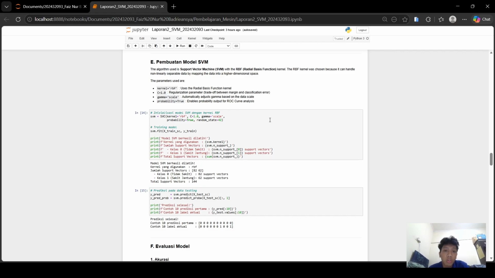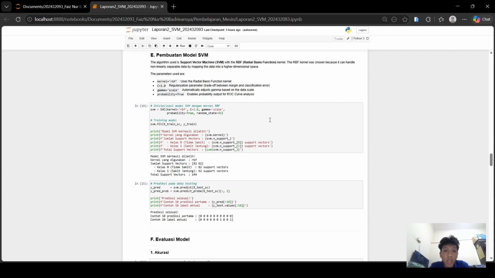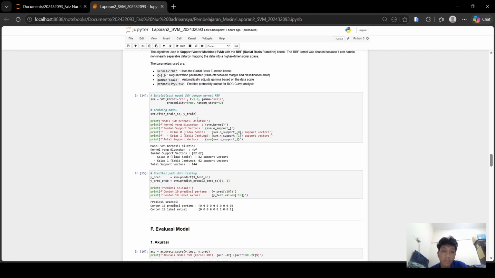The parameters used are: kernel RBF, the radial basis function kernel; C equals 1.0, the regularization parameter, a trade-off between margin and classification error; gamma scale, which automatically adjusts gamma based on the data scale; and probability true, to enable probability output for ROC curve analysis.